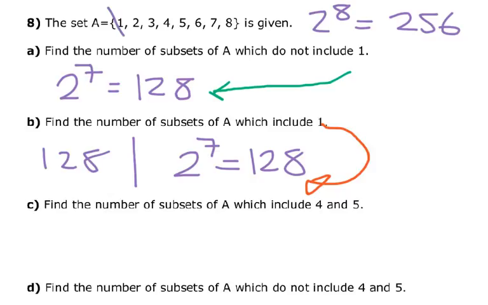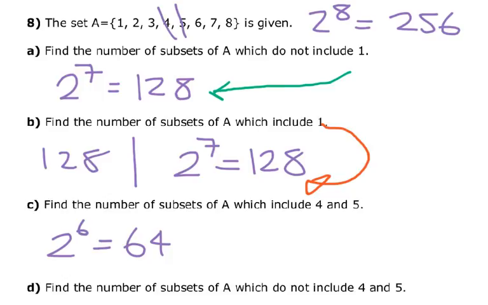C, find the number of subsets which include 4 and 5. So that second method in part B we're going to employ in this part C. We want the subsets to include 4 and 5, so we find out how many don't have 4 or 5 in. We take out the numbers 4 and 5. We're left with 6 elements, so 2 to the power 6, which is 64.